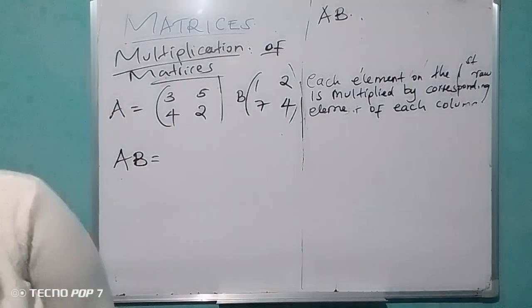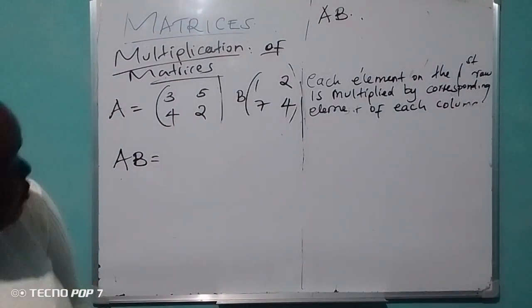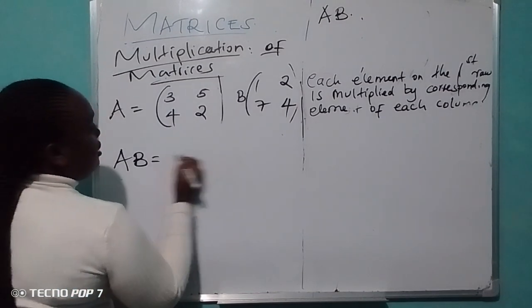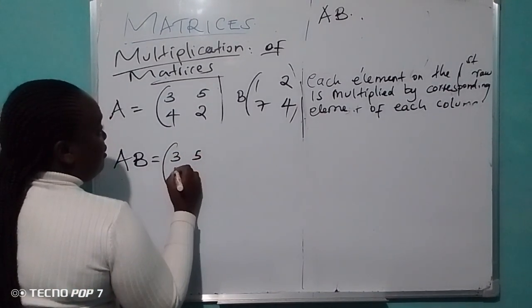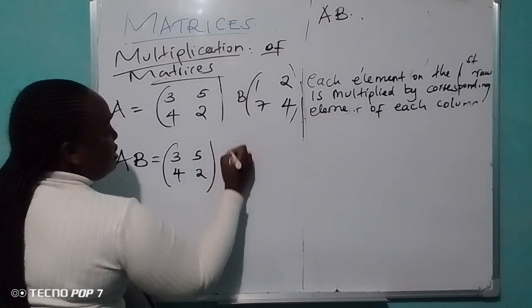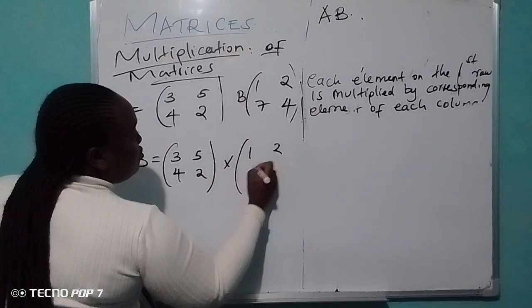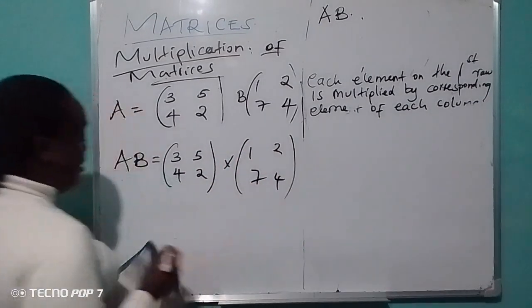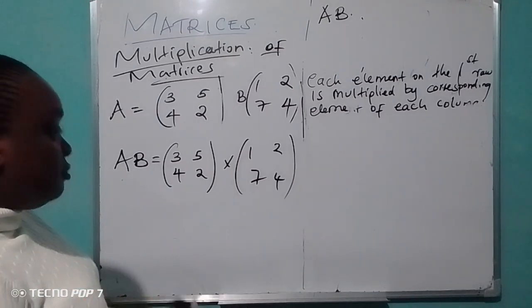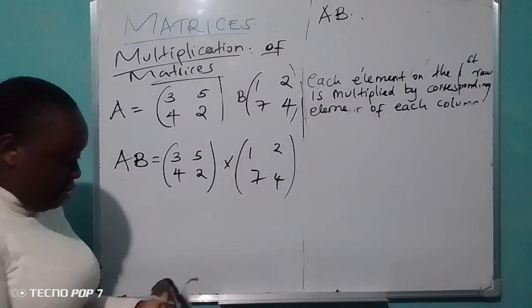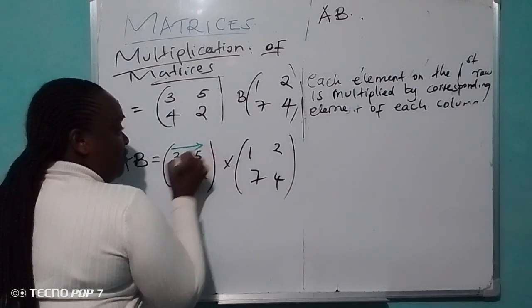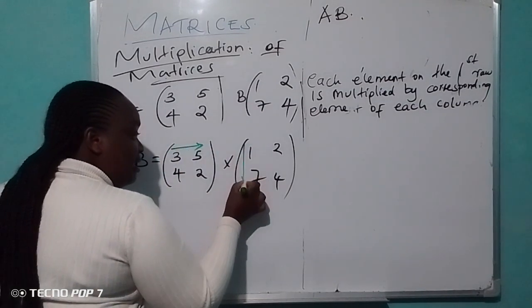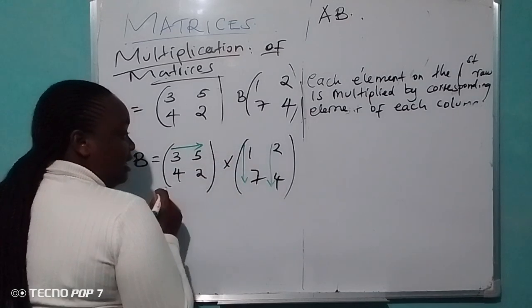AB takuaje equal 3, 5, 4, 2 times 1, 2, 7, 4. Nasema the first row na multiply each column ikiendelea.